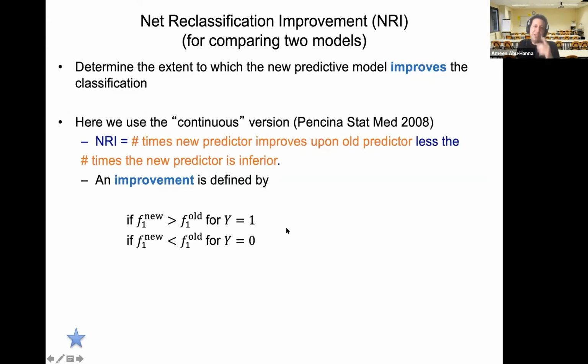Okay, let's talk about something called the net reclassification improvement. Historically, people became excited about finding all kinds of new biomarkers, and you hope that these biomarkers will make the models better, for example, diagnostic models, but also prediction models in the future, prognostic models.